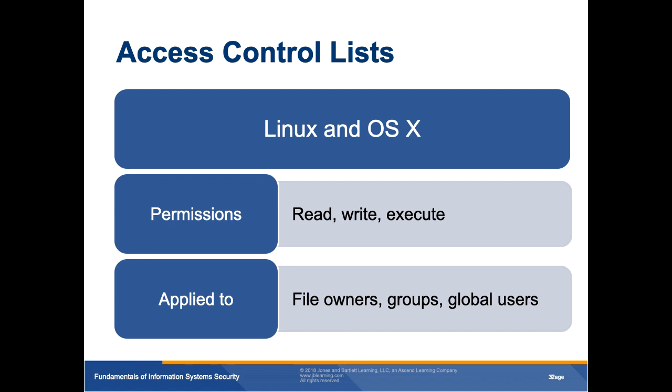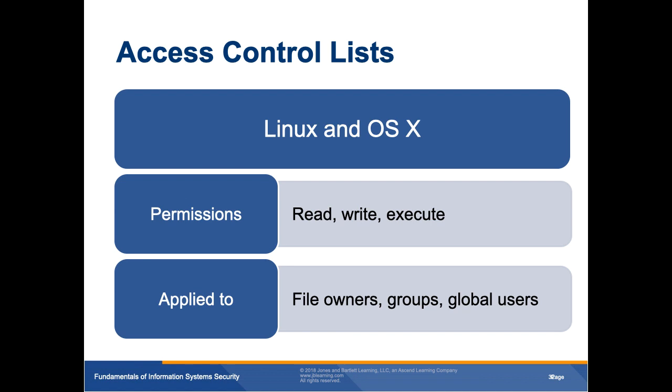So it's very limited, but it does work. But you have to be in one of those three categories: the file owner, a group that has access to the file, or the global users. If you don't fall into the owner or the group, you fall in the global users.